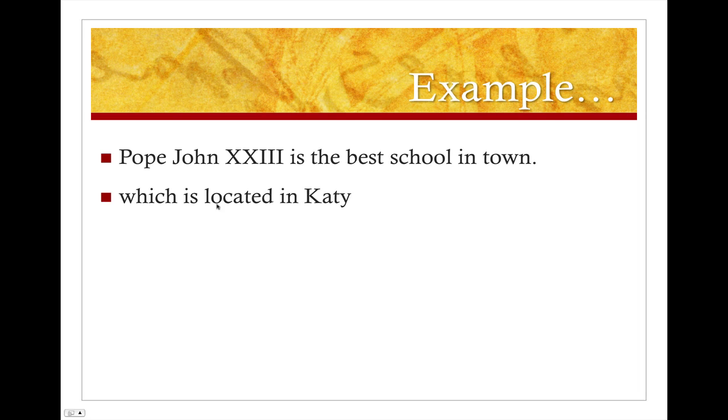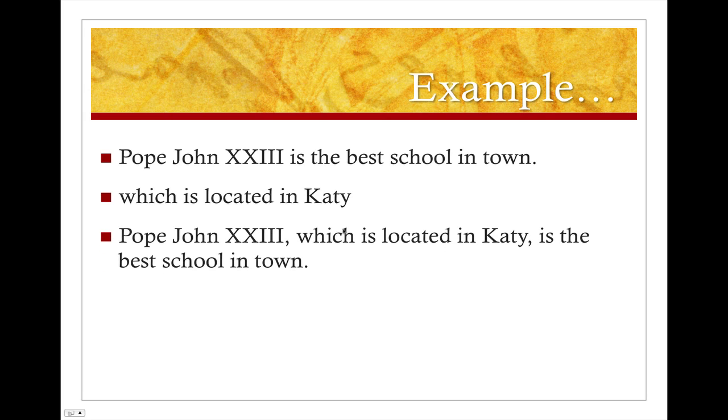What is, which is. Okay, and again, this is subordinate, could not possibly stand by itself. We're going to put them together. You can probably guess how. There it is. Once again, this adjective clause is right next to the word that it modifies.